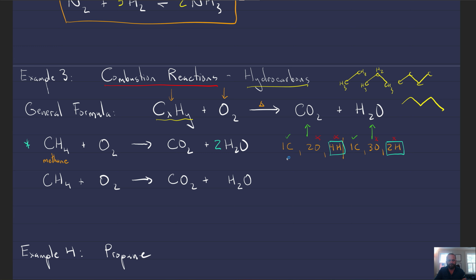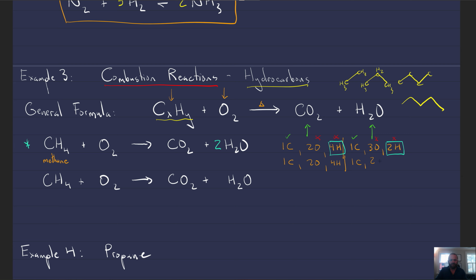So now we have still 1 carbon, 2 oxygens, 4 hydrogens, and 1 carbon, 2 oxygens.